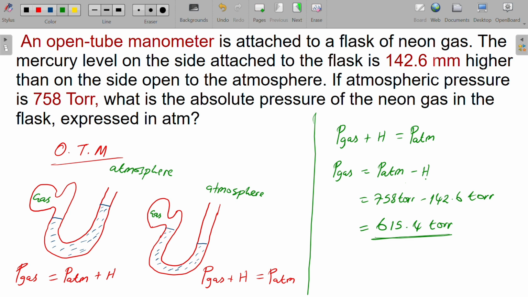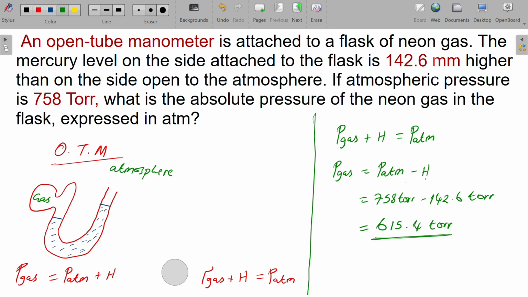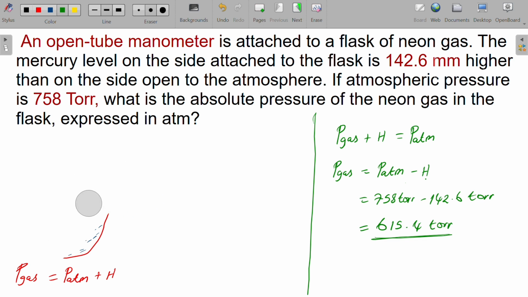But then we are told we need to express it in the units of atm. All right, so let's do that. We need to now convert the pressure we have from torrs to atm, and that will be now our final answer. So let's look at how we can convert our pressure.